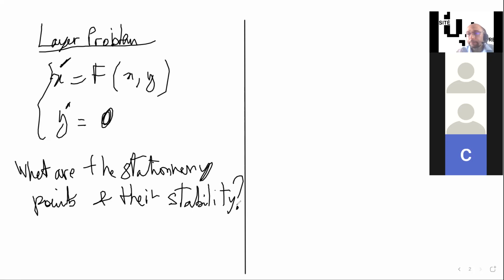That is in the neighborhood of epsilon equals 0. This is for epsilon equals 0 here. No, you have epsilon which is small.